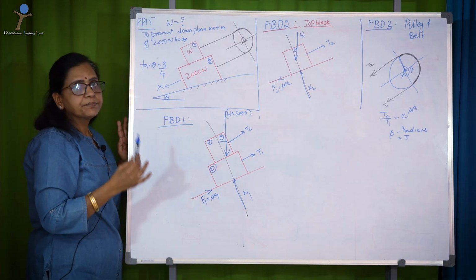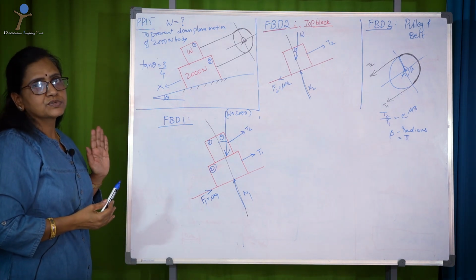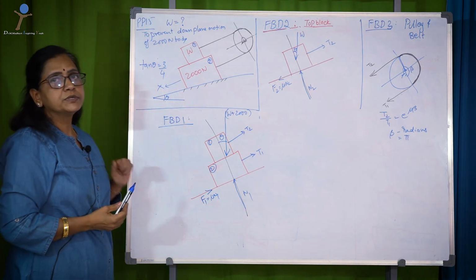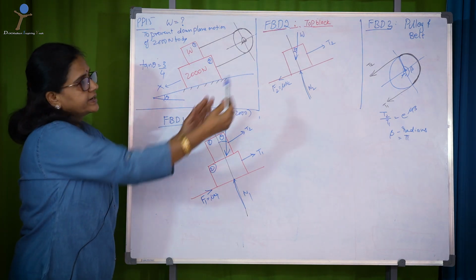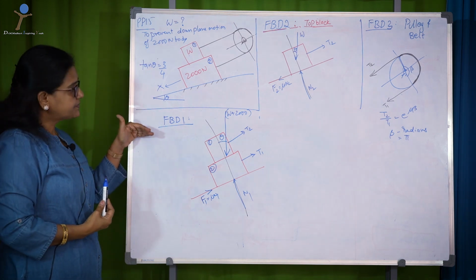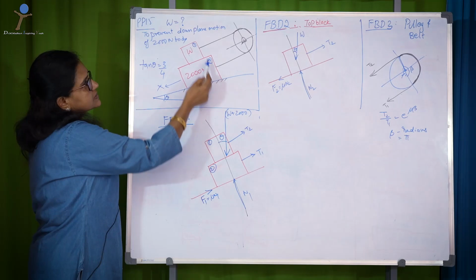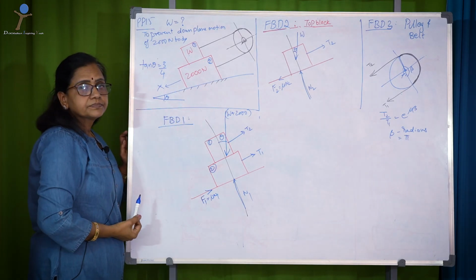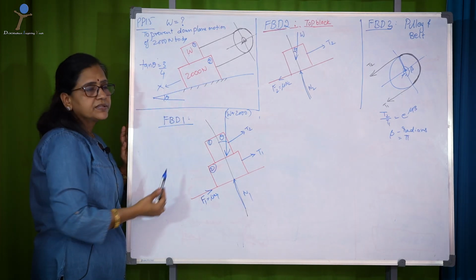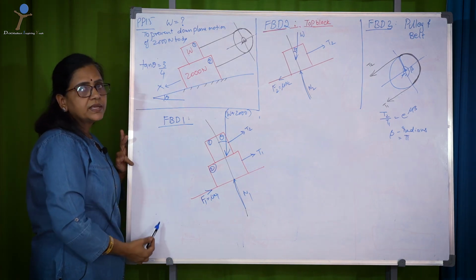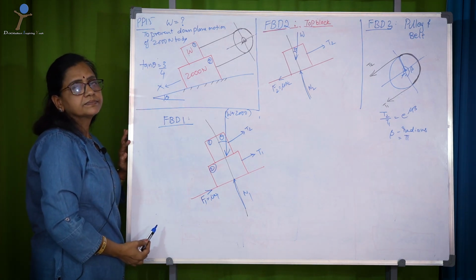A very simple way of solving this problem: you divide it into three free body diagrams. In the first free body diagram, you consider both the blocks, represent the forces acting on them, and write down the equilibrium equations.